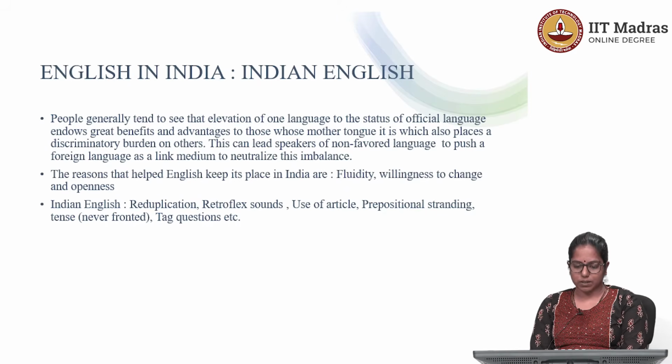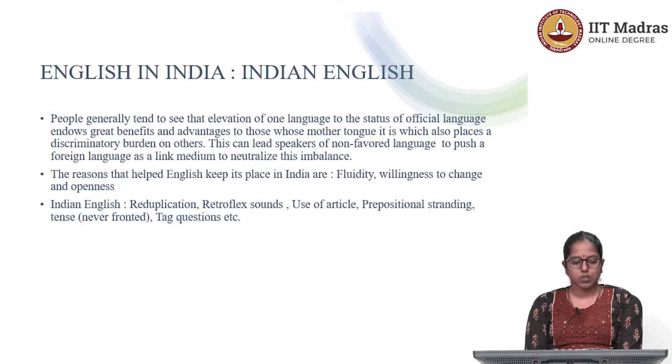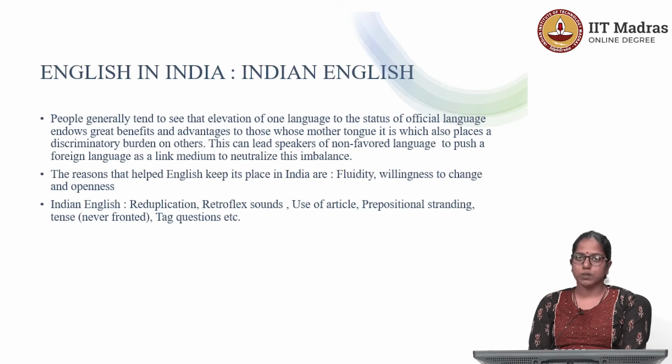They did not mix with others. These languages were seen as the language of a particular class of people, that is the language of elites. So these languages were not accessible to the general public, and therefore these languages did not flourish. So against this backdrop, you must be able to understand why English kept its place in India.